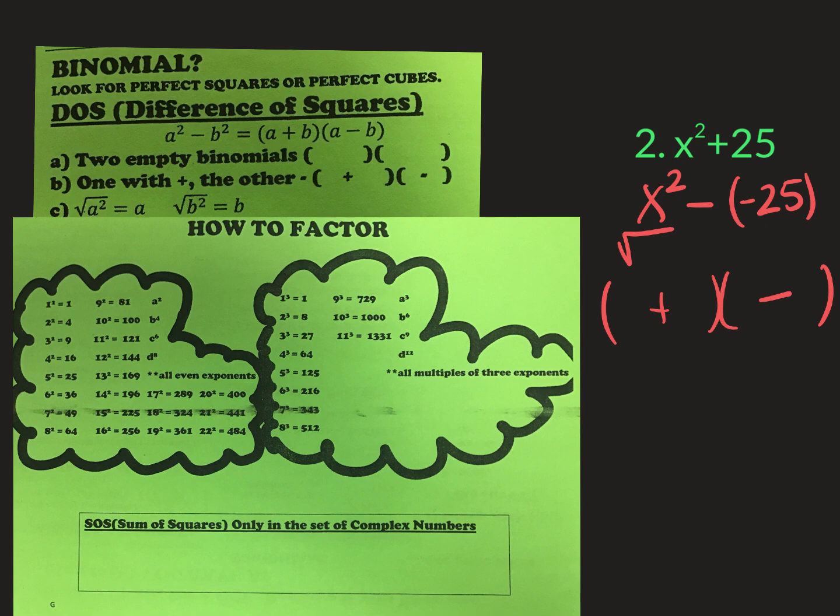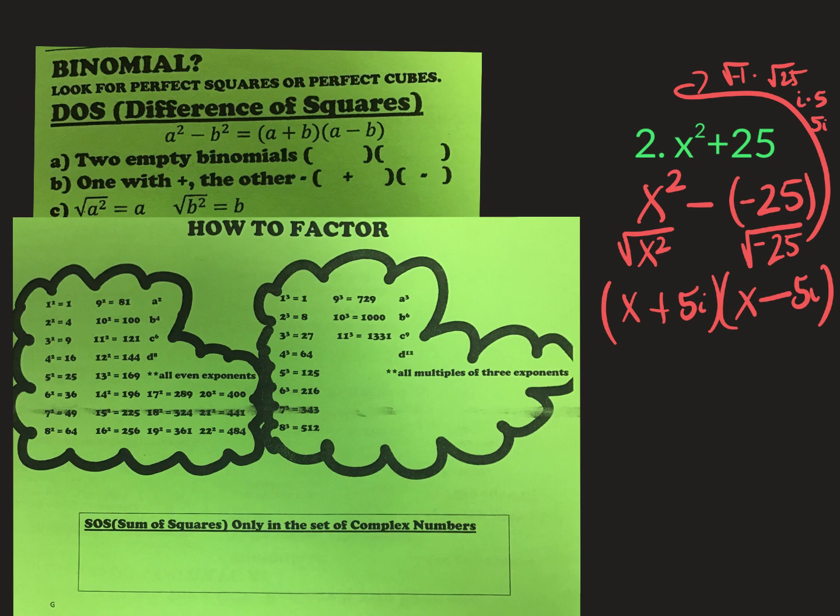I'm going to take the square root of x squared, that's x, and take the square root of negative 25. Remember, to take the square root of negative 25, it's the square root of negative 1 times the square root of 25. The square root of negative 1 is i. The square root of 25 is 5. So the square root of negative 25 is 5i.